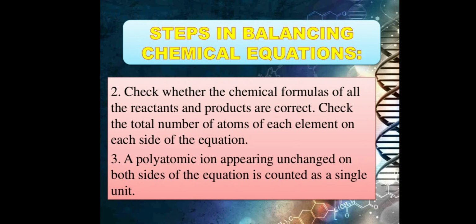So what is a polyatomic ion? From the root word itself, poly, it means an ion composed of more than one atom. Examples of polyatomic ions are sulfate ion, hydroxide ion, hydronium, and ammonium ion.